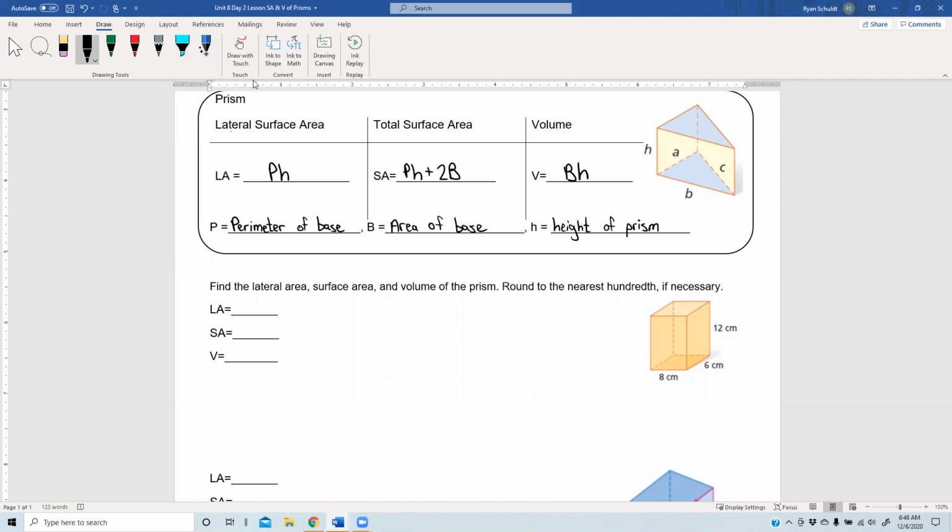You did all your work. You just got to plug everything in. So first things first, we have to figure out what's our base. Well, here everything's a rectangle, so the base is the one it's sitting on. That's our base.